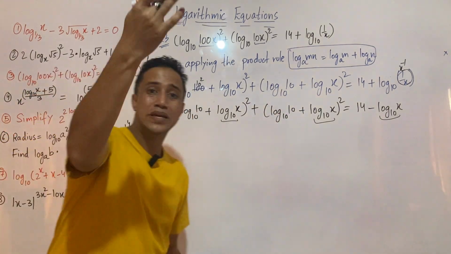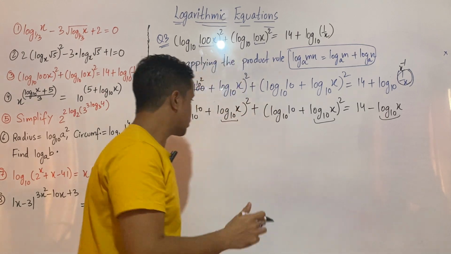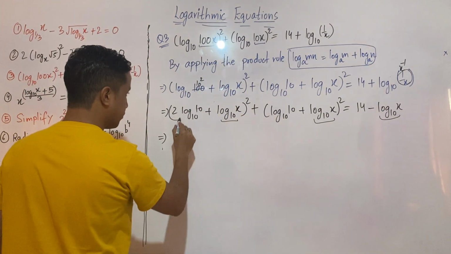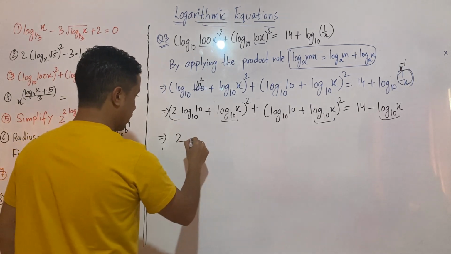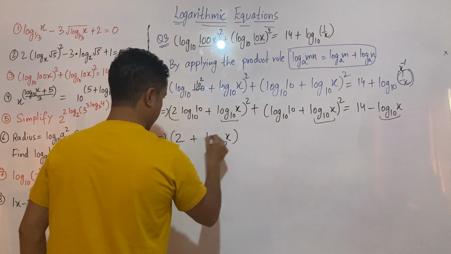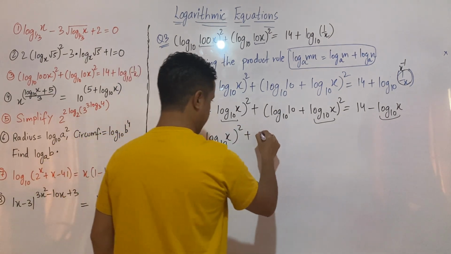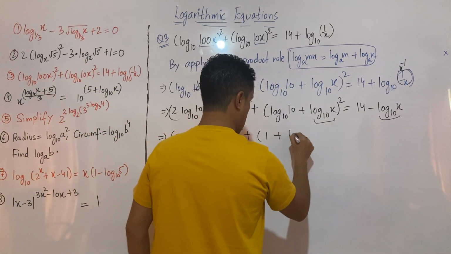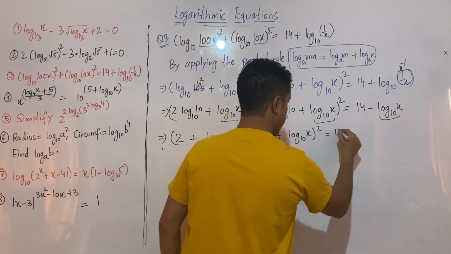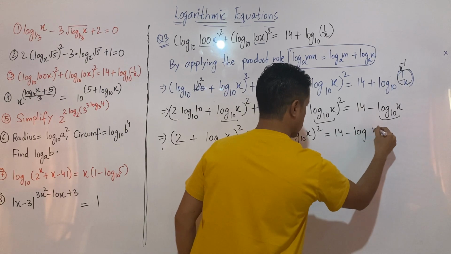Now, log b to the base b is 1. So it's going to be 2 plus log x to the base 10 whole square plus, again this is 1 plus log x to the base 10 whole square equal to 14 minus log x to the base 10.